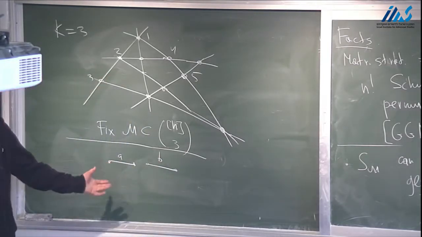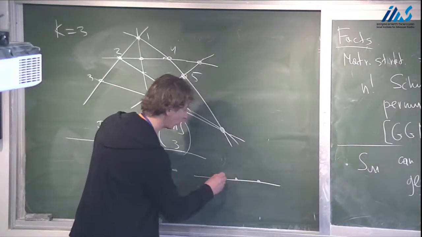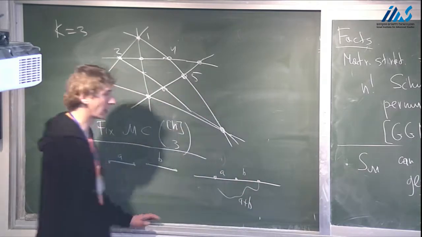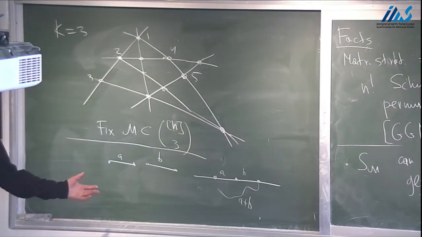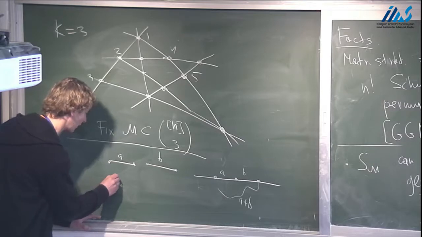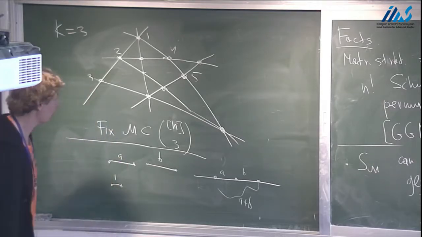Then of course it's very easy to add A plus B. You just put these two intervals next to each other, and that will give you A plus B. But you can also multiply these two numbers using high school geometry. If you want to multiply, you also need to fix a base interval and declare that it has length 1.